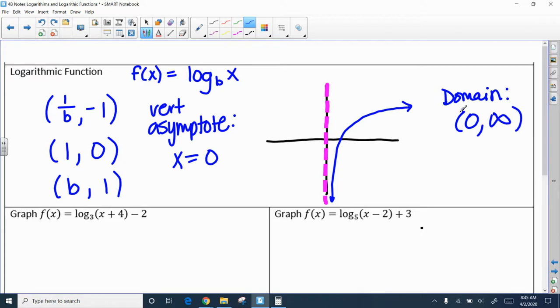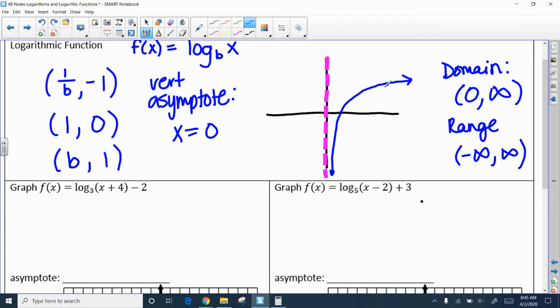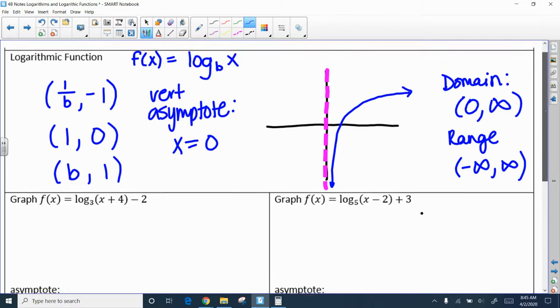And the furthest right is infinity. So our domain is 0 to infinity. And our range, the lowest to the highest, it keeps going infinitely down and it keeps going infinitely up. So our range is negative infinity to infinity. And then this is an increasing function because it's going up as we go from left to right.